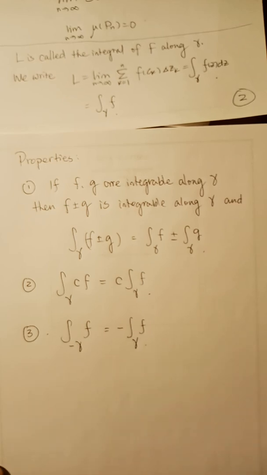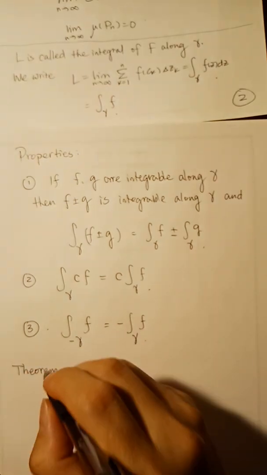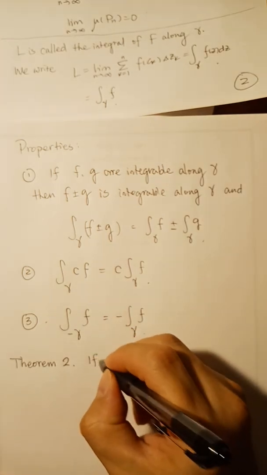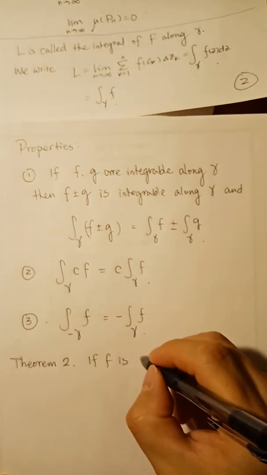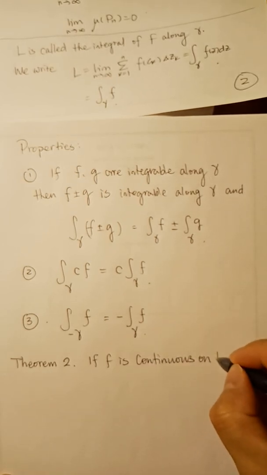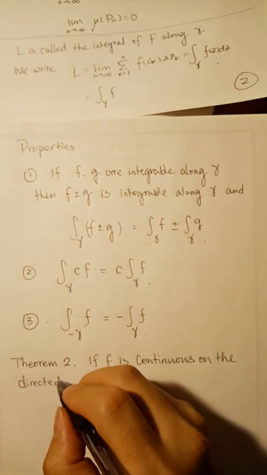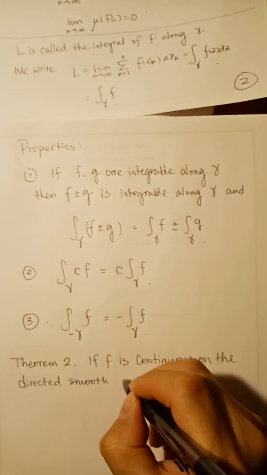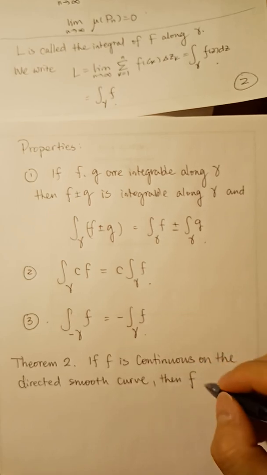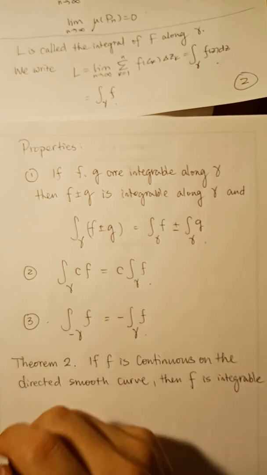But like the real calculus, we have the affirmative statement about the continuous function. So if f is continuous on the directed smooth curve, then f is integrable along gamma.